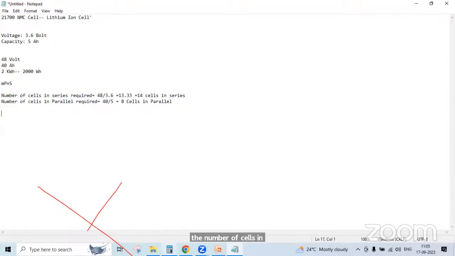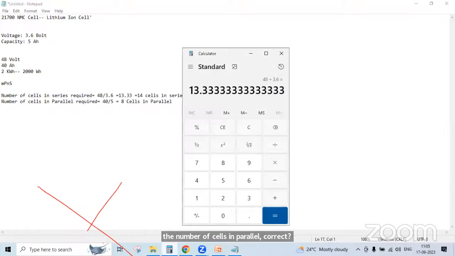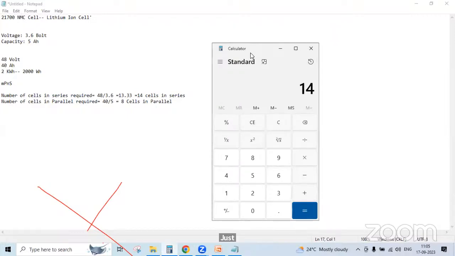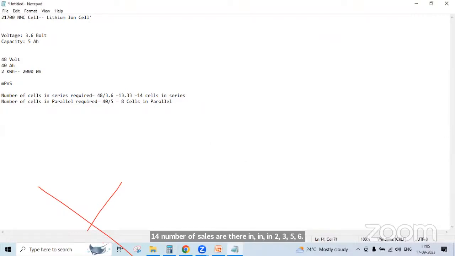Okay, so now 14 cells are there in series into 3.6. So 50.4, the overall voltage is there. So the voltage is 50.4.